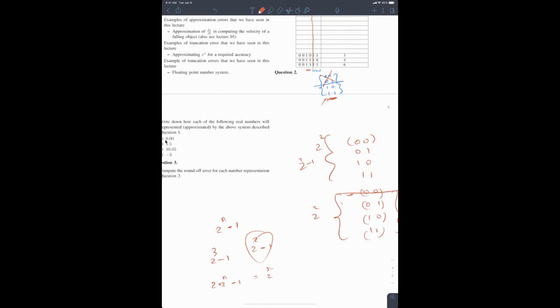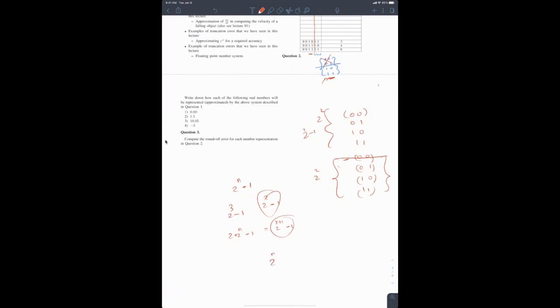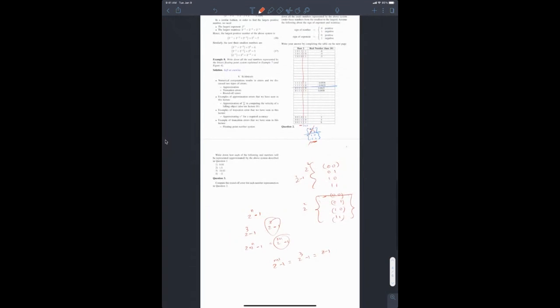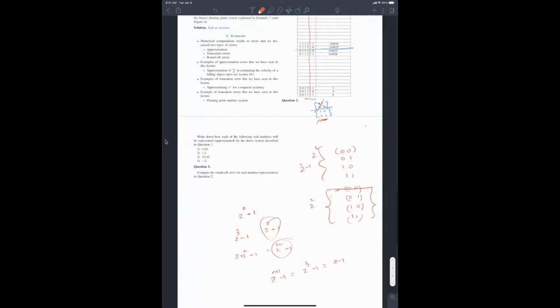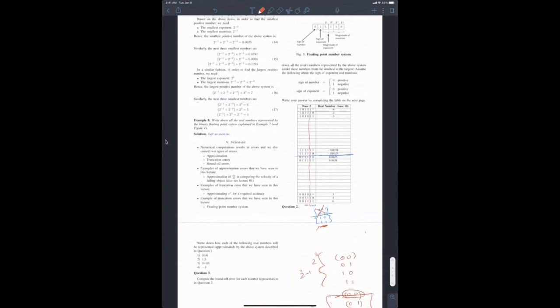So that will be 2 to the power n plus 1 minus 1. Anyway, if you have 2 bits, you will have 7 numbers. That will be 2 to the power 3 minus 1, 8 minus 1. So that explains why for exponents we have one number less from all the possible numbers, because 0 cannot be negative and positive.